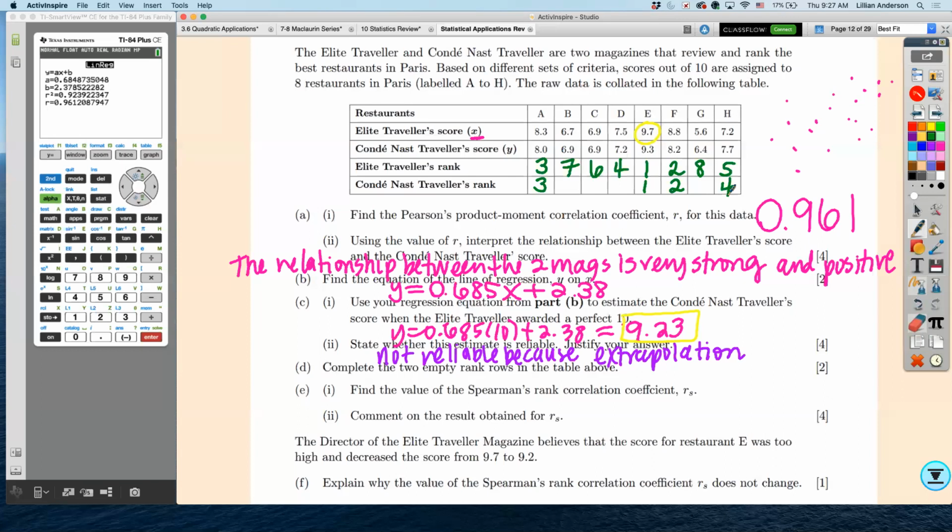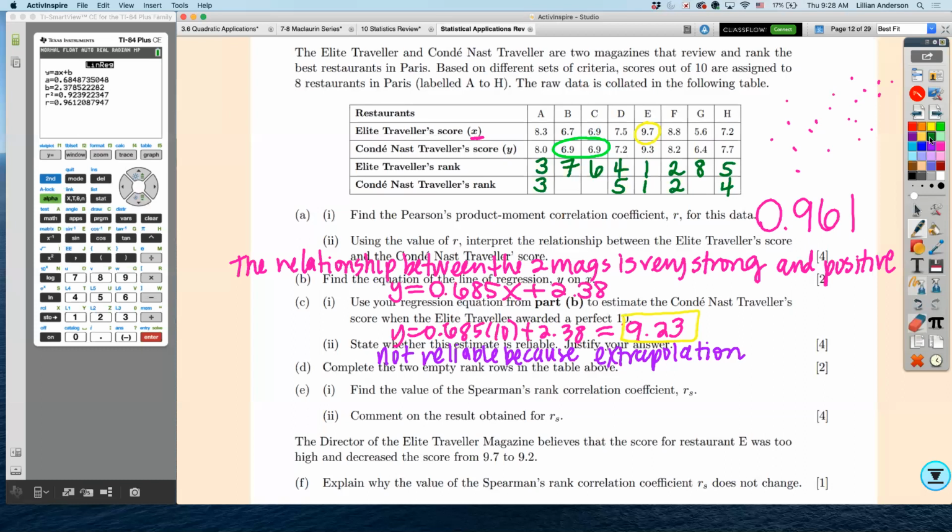What's the next one? 7.2. Very good. Now, the next one we come to is 6.9. You see how 2 of them have the exact same value? When that happens, we have to take the average.